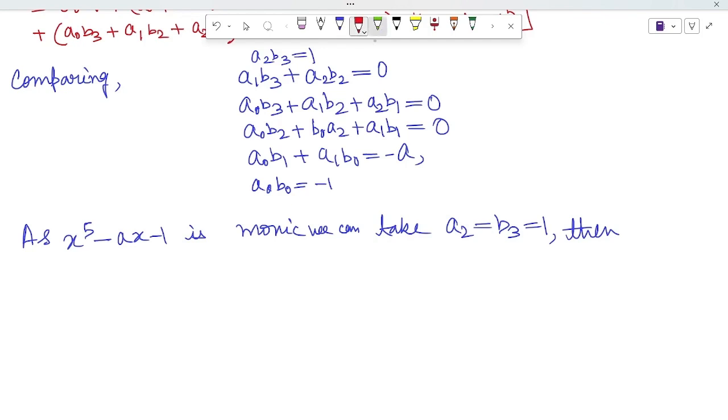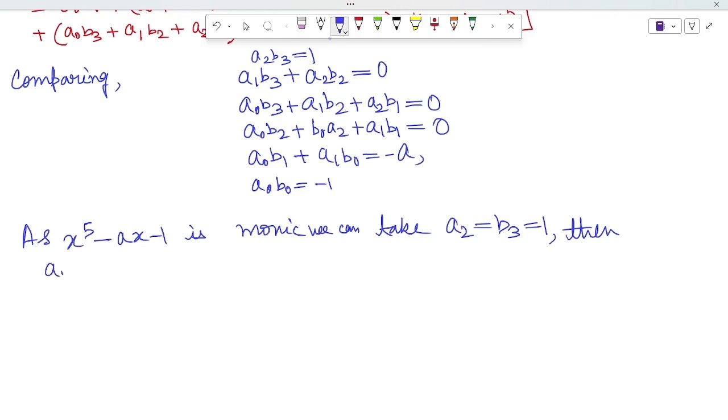Then the set is A1, B3 is 1 plus A2. So this thing is, B3 and A2 are 1.